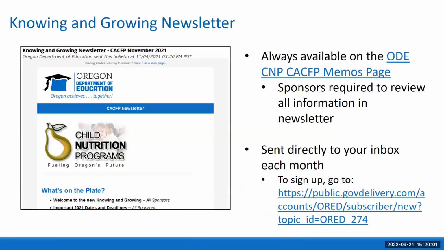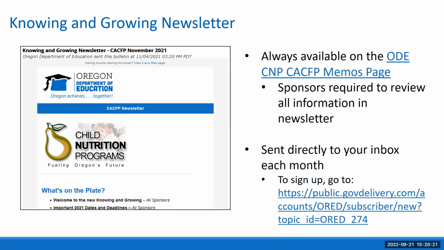So sponsors who are looking for any additional information can refer to the ODE CMP monthly CACFP newsletter called Knowing and Growing. This newsletter will include all new memos that were released in the past month, in addition to information on available grants, trainings, and important deadlines.